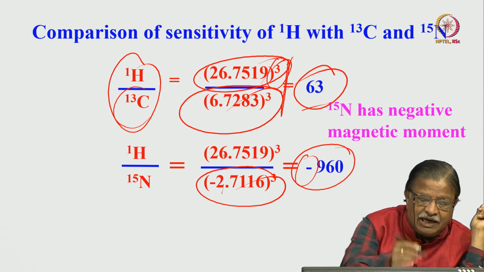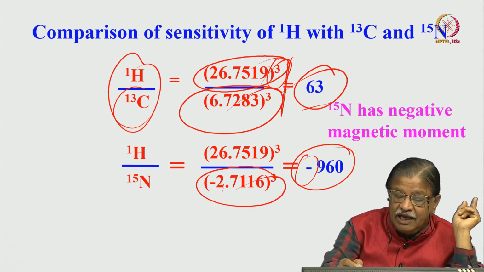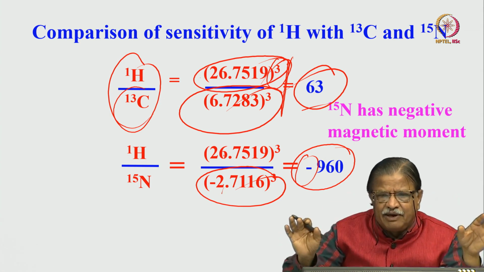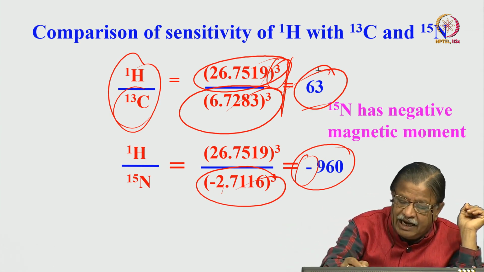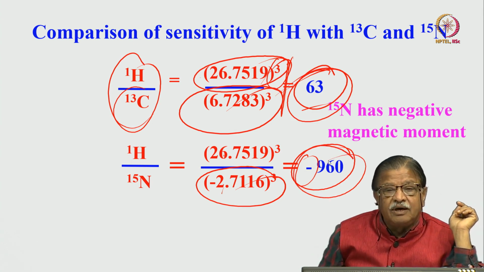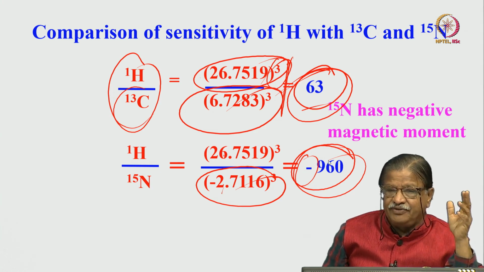Remember, if I can do the experiment of proton in just 1 minute, under identical conditions, assuming that everything remains the same, no change, I need 64 minutes for carbon, and I need 1000 minutes to take the nitrogen spectrum. See the difference?